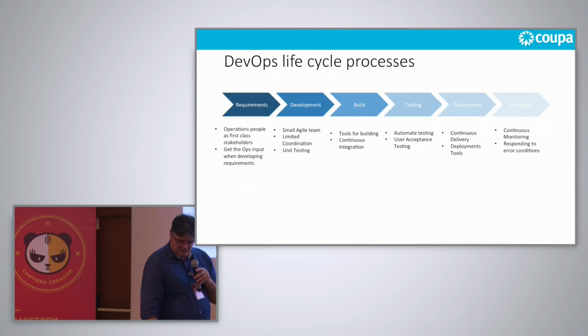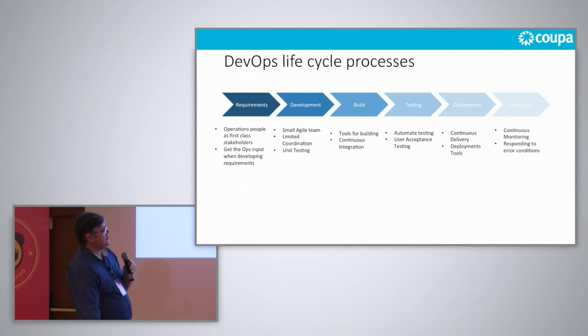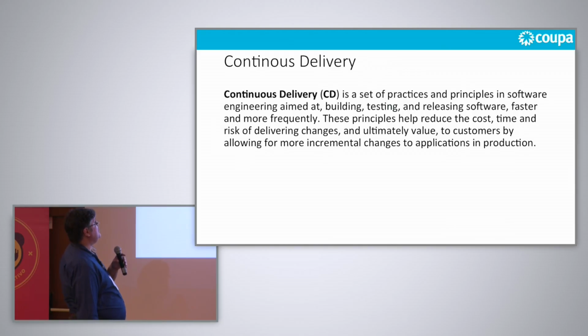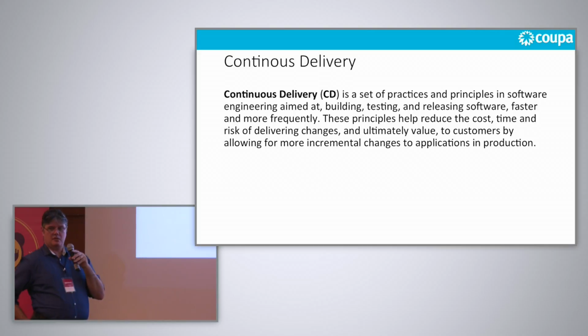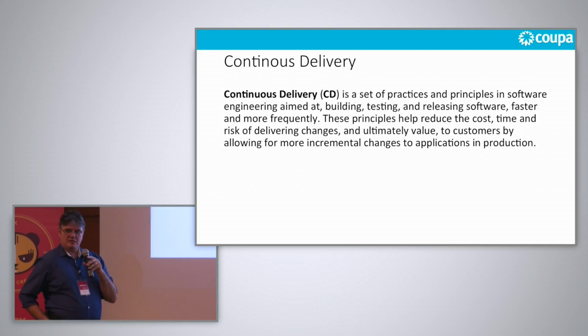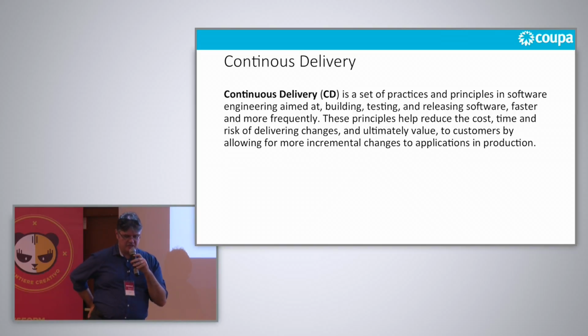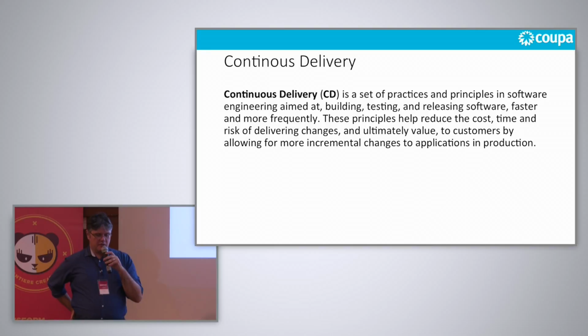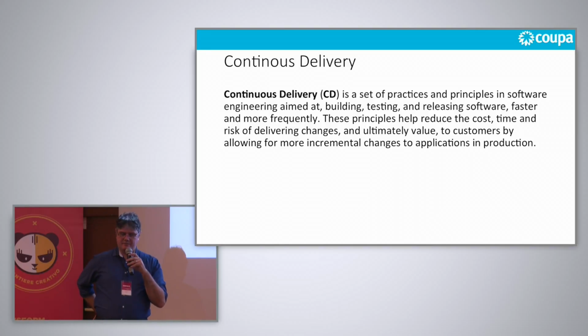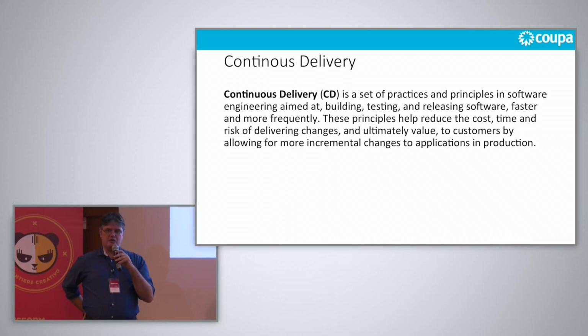Now we try to introduce some basic concepts. One is continuous delivery. This is one of the definitions of continuous delivery. Essentially, it is a set of practices and principles in software engineering for releasing software faster. This means I have a new feature, and I don't want to wait a week for releasing.